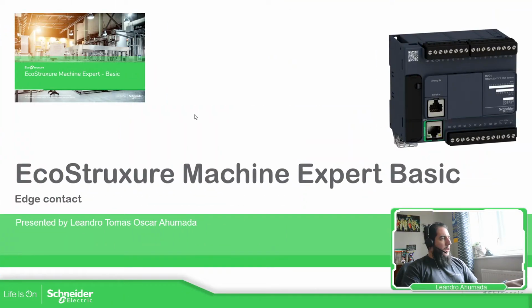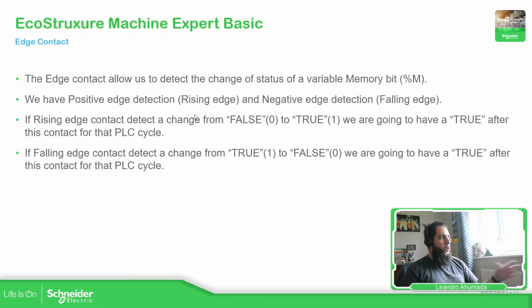In the next slide, we can see a small explanation about this edge contact. Basically, the edge contact can detect the transition from 0 to 1 or 1 to 0, depending on the edge contact that we have selected. We have the rising edge that detects the transition from 0 to 1, false to true, and the falling edge that detects the transition from 1 to 0, or true to false.